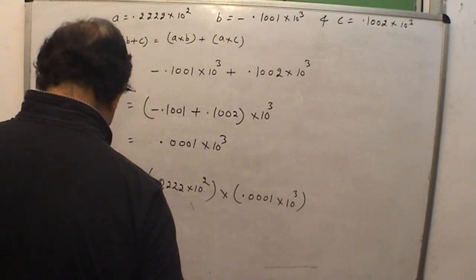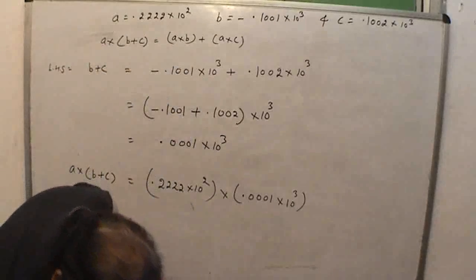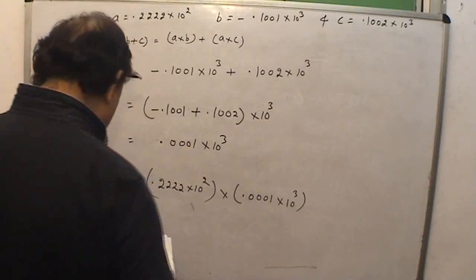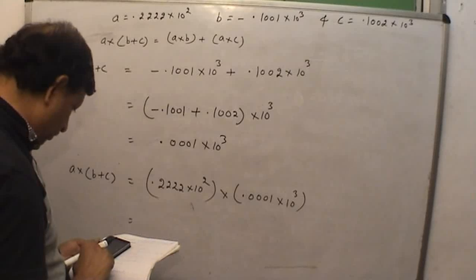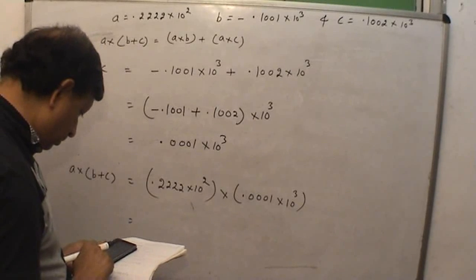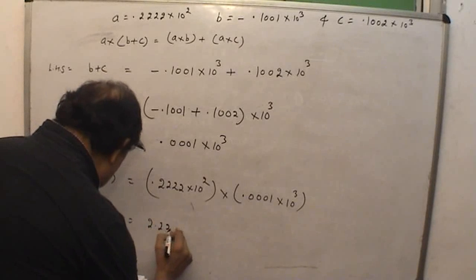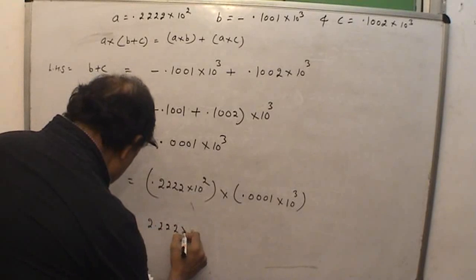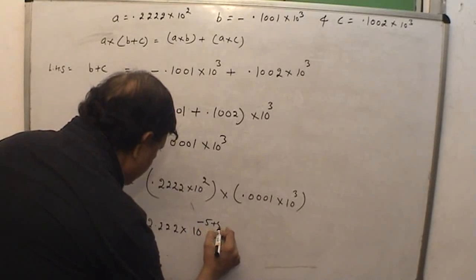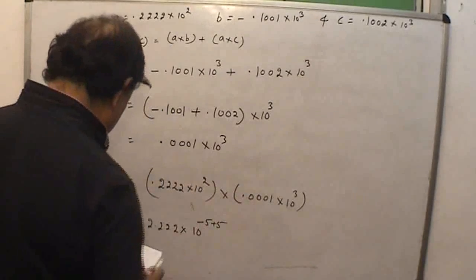That is equal to 0.2222 into 10 raised to the power minus 5 plus 5. 3 plus 2, that is 5.